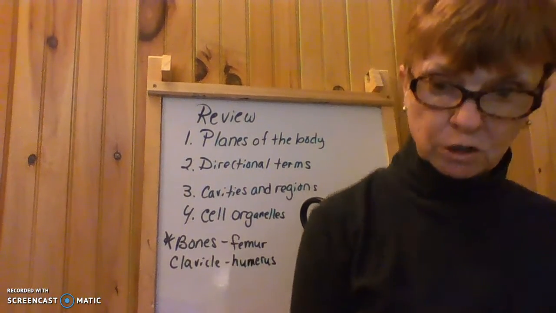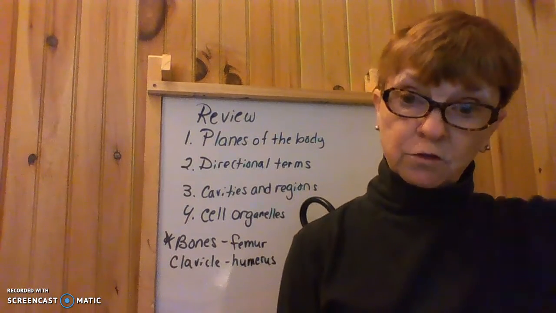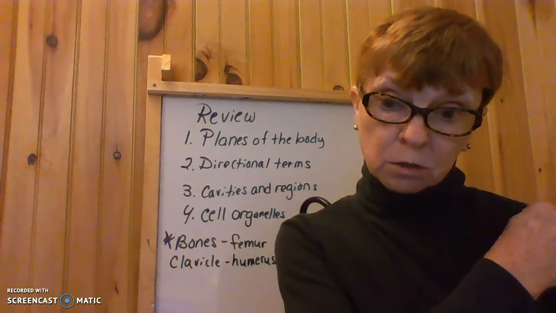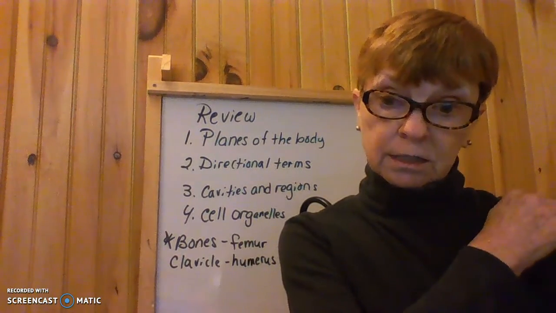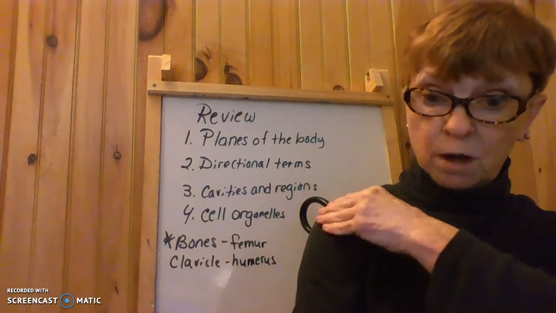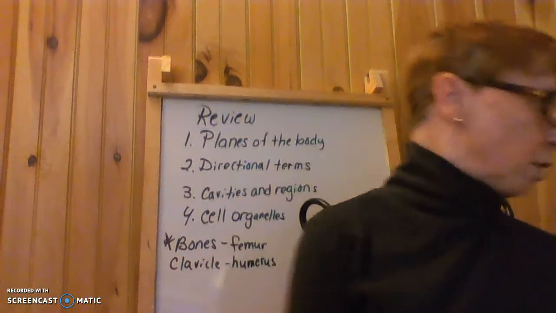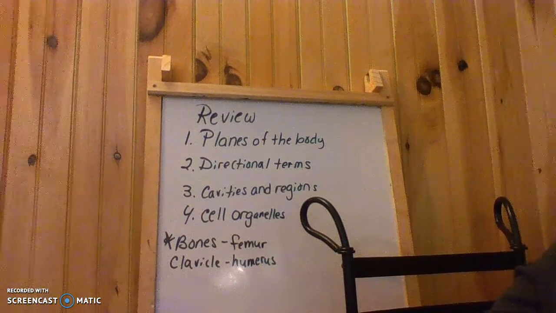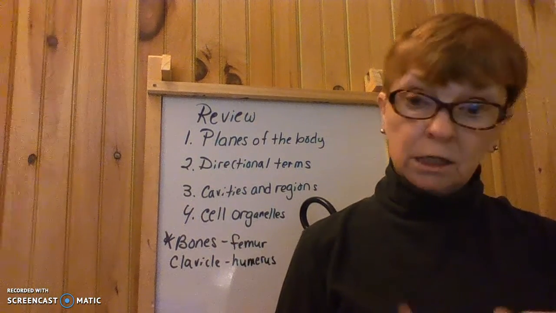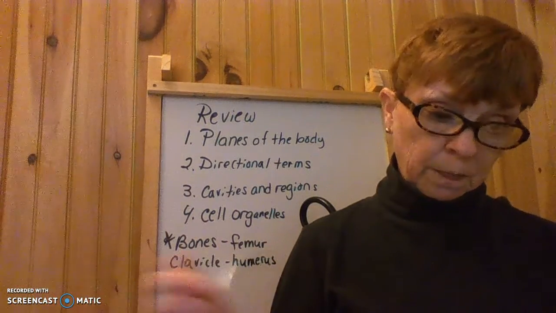And then you had the directional terms. So in the directional terms, you're going to have superior, inferior, proximal, closest to the heart, distal, furthest away. So if I'm using this arm, it would be proximal to the heart and then distal. And then you also had the medial and lateral, so towards the middle and further away lateral.